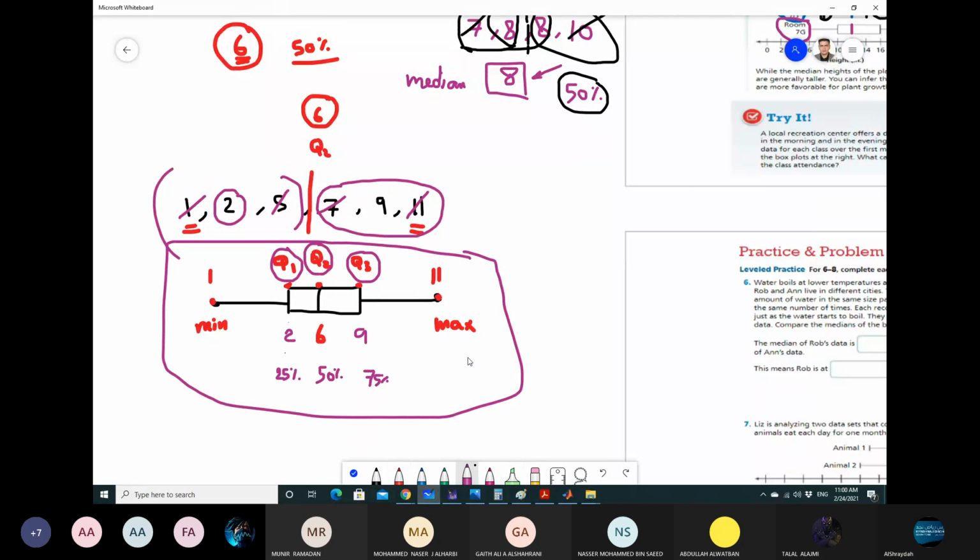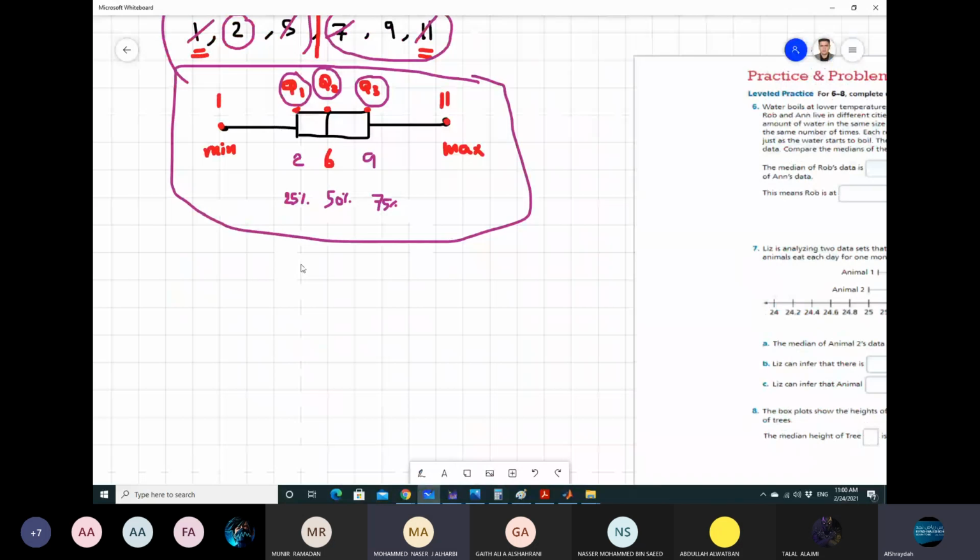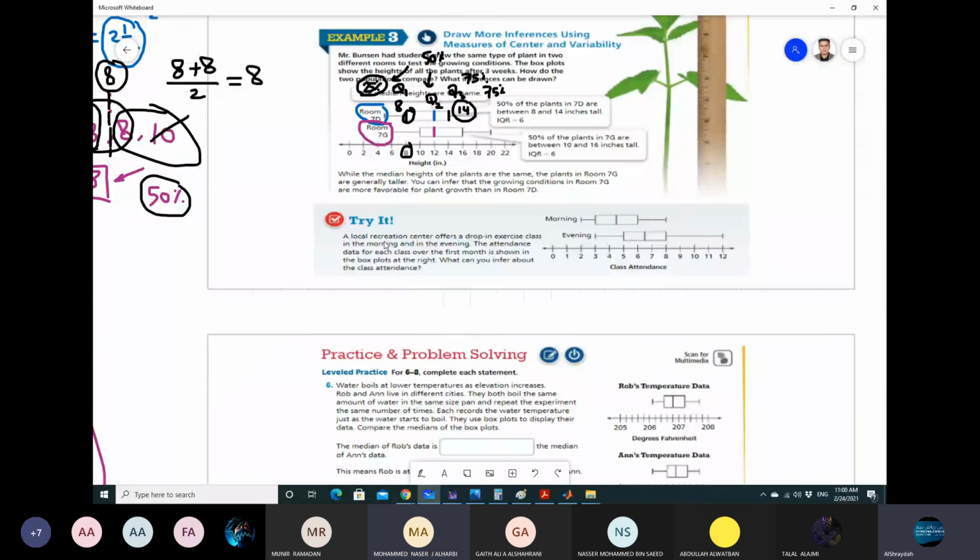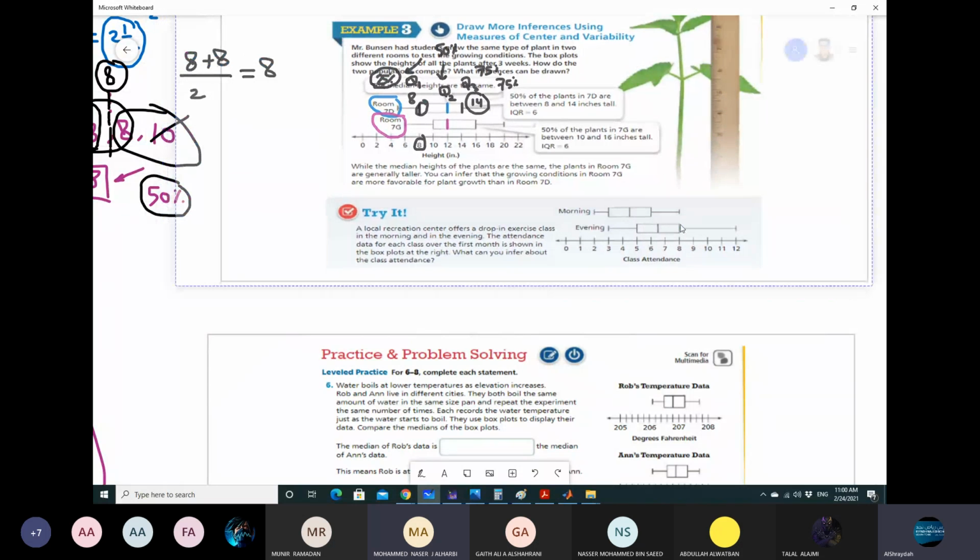Now, let's take the example or the question here. A local recreation center offers a drop-in exercise class in the morning and in the evening. So we have two groups here, in the morning and in the evening.